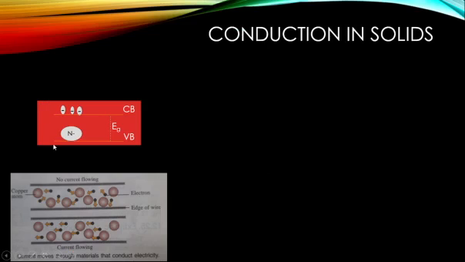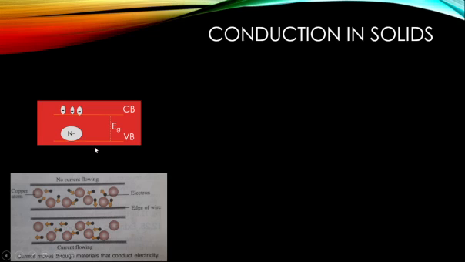So let us consider a semiconductor material, and you know there are very few conduction electrons or free electrons in the conduction band due to the thermal energy or temperature of the material. And there are very few holes in the valence band.